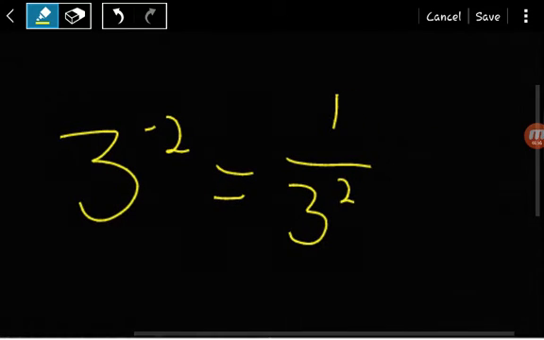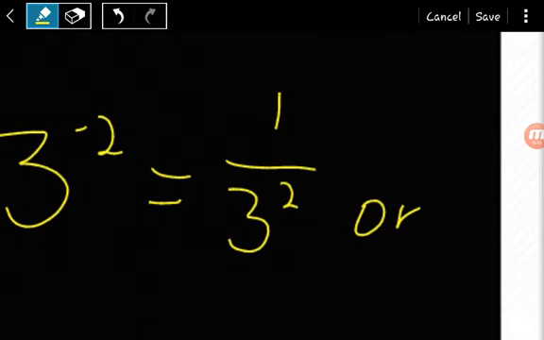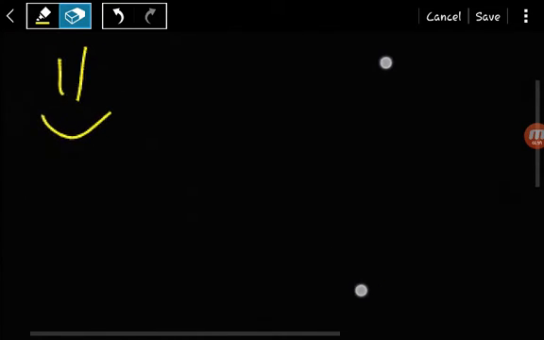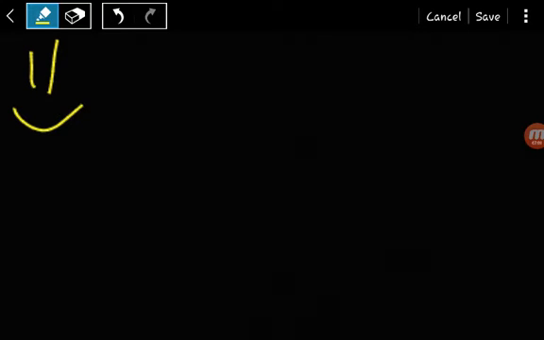So that's also equal to 1 divided by 3 squared, aka 1 divided by 9, or 0.1 repeating. And that's what 3 to the power of negative 2 is: 0.111111111 repeating.